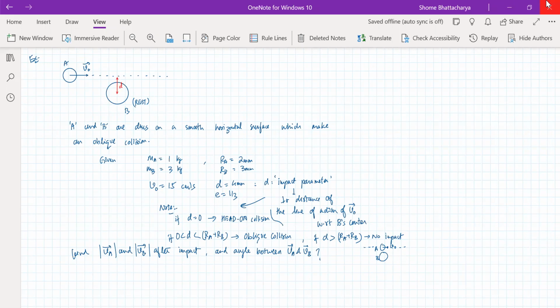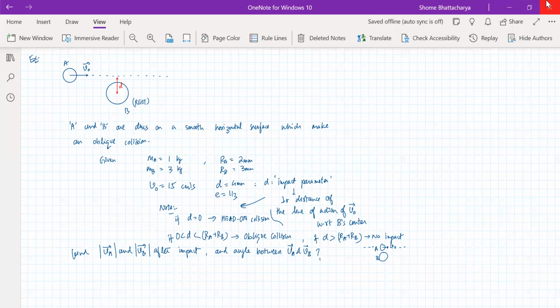Yeah. So how much is this angle? See, this is a right angle triangle. This center to center distance will be how much? And see, the radii are given as 2 and 3 millimeters. So d is 4.